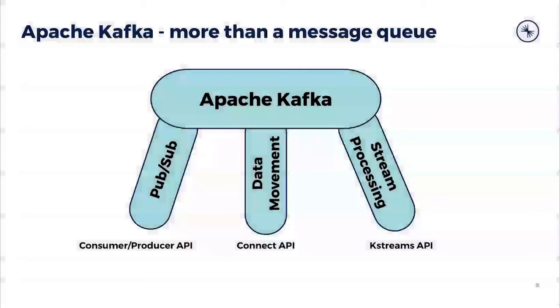So, a very brief introduction about Kafka. Kafka comes with three core APIs. One is the PubSub API, which is to publish data into a Kafka topic, then subscribe to those topics and consume the data from them. It also supports the Connect API, which is to create zero-code pipelines.